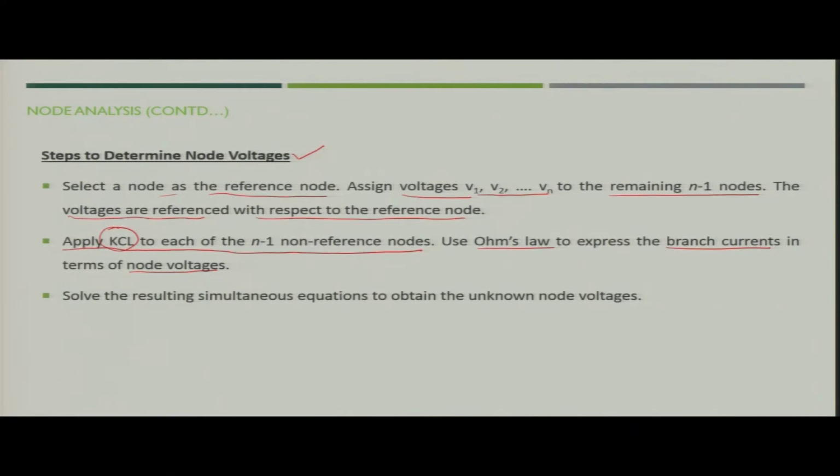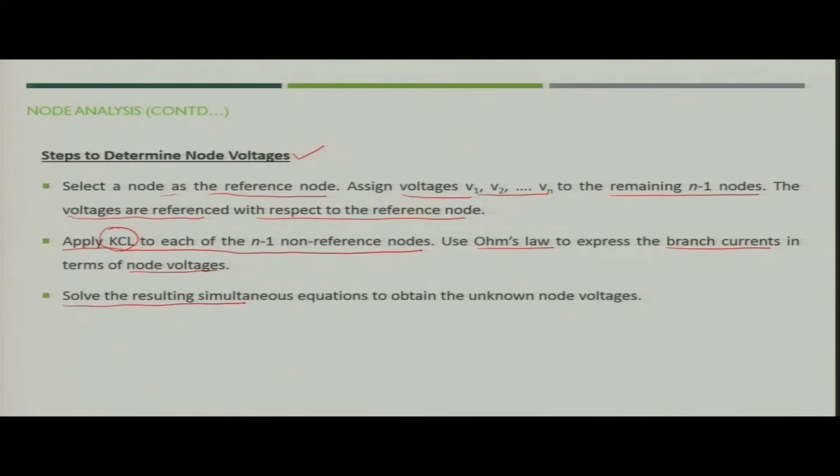You can write equations for all the non reference nodes, but while analyzing the circuit you would be more concerned about the equations for principal nodes, because those would be solved first, then you can find the voltage values of the other non reference nodes.